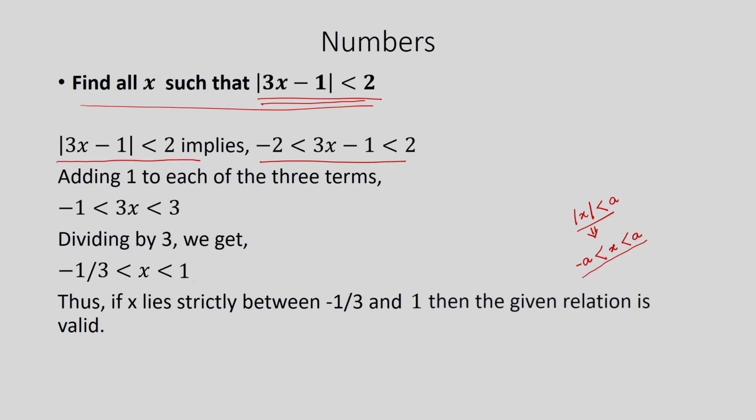You can see the reason for that. Modulus of x less than a means that even if x is negative, by modulus we take the positive value of that negative number. Take an example: suppose a is equal to 2. Now, modulus of x less than 2 means that even if x is equal to minus 1, what is modulus of minus 1? It is equal to plus 1. So, minus 1 will also satisfy the relationship that modulus of x is strictly less than 2.